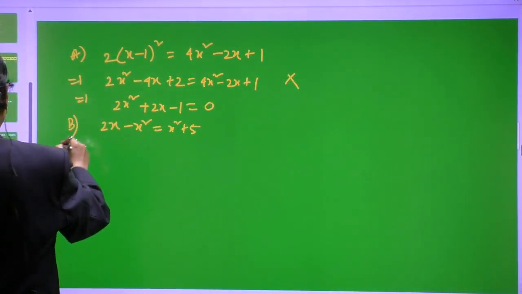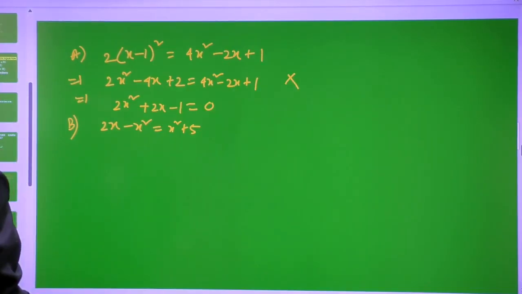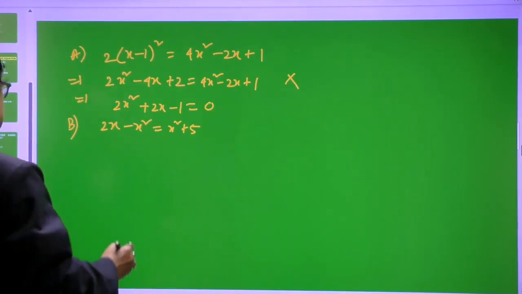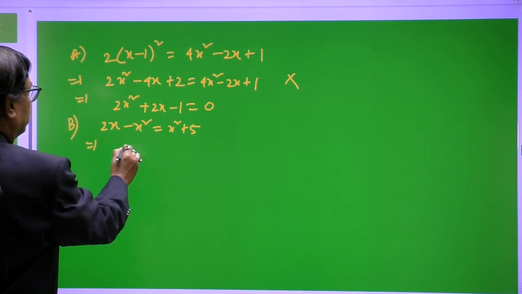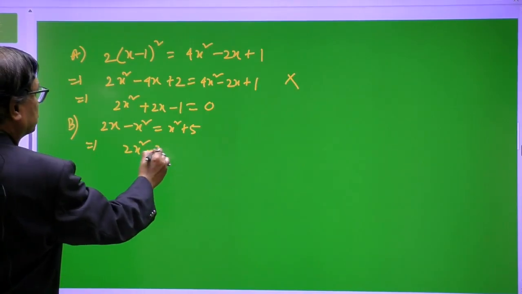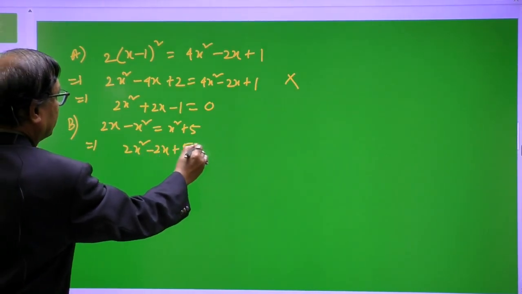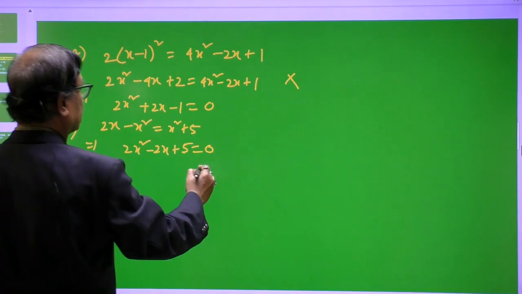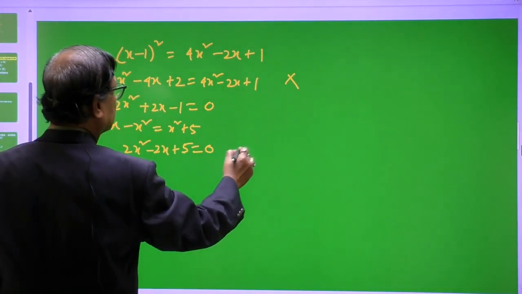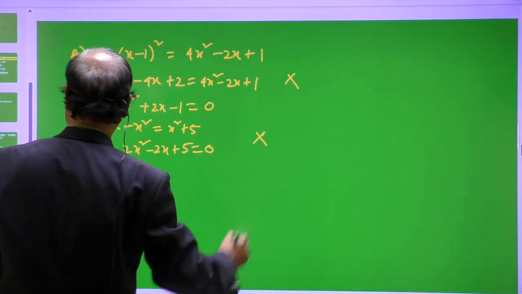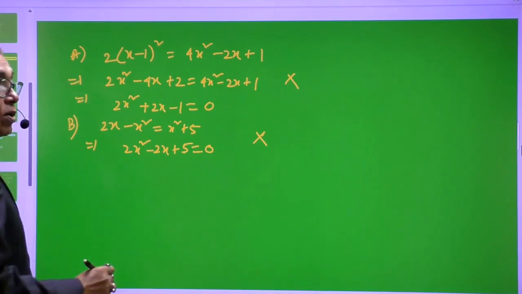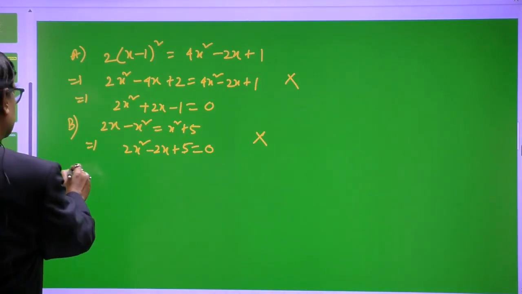Now option B, 2x minus x square equal to x square plus 5. Simplify, we are getting 2x square minus 2x plus 5 equals 0. So obviously it is also quadratic. That means this option is also not correct, because you have to find out which one is not quadratic.